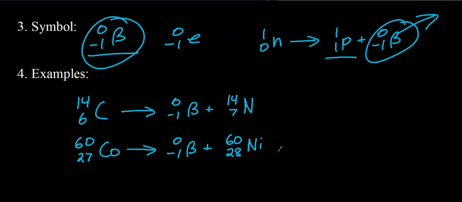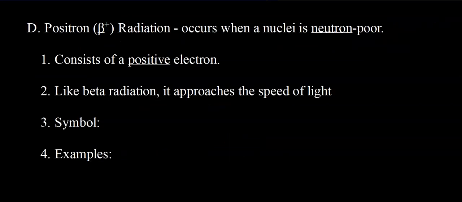That is beta decay. Next up, we have positron emission or positron decay. I usually call it positron emission. There we can see that the symbol for a positron, also known as positive beta emission, is a beta, Greek letter beta, this time with a plus sign.